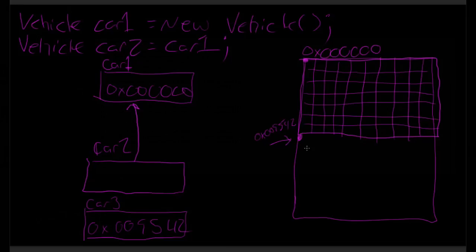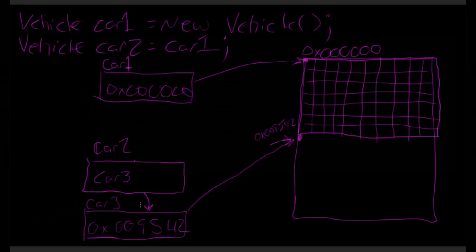So this is the new location that car number 3 is pointing to. And car2 is now pointing at car3. So no longer is it pointing up here. Car2 is now pointing at car3. So hopefully that makes sense.